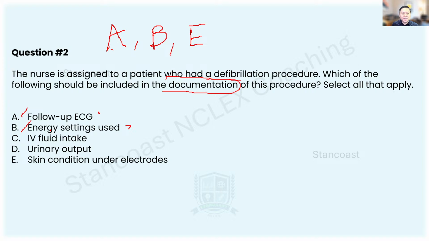And we also need to include letter E, the skin condition under the electrodes. We want to make sure that we are assessing that there's no injury, there's no burns or anything like that. Okay, so these are the important elements in our documentation after a defibrillation. Okay, we're talking about the procedure itself, not about the systemic response. Okay, now let's move on to the next question here.